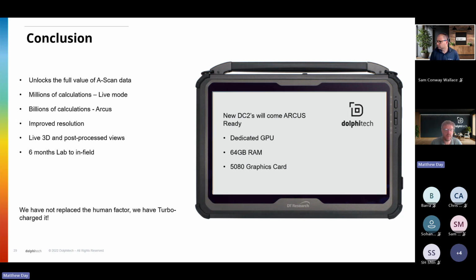We are at any one time, in the traditional sense, making millions of calculations. Then once we apply our post-process ARCUS software, we're moving into the billions of calculations. So the ultimate goal is to improve resolution as much as feasibly possible within a portable system. So not only do you get a live 3D, you also get an extremely powerful post-process system too.